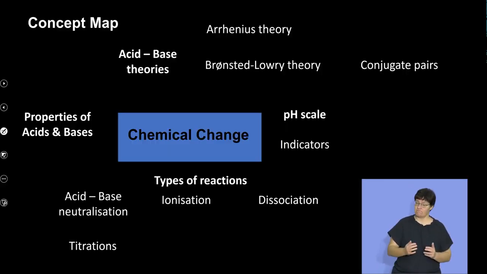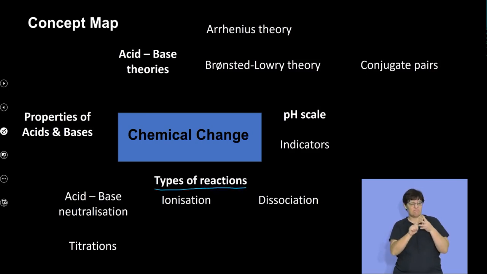Now, let's look at the overview of acids and bases as a component of the broader knowledge area of chemical change. Definitely we will look at the different types of reactions involved as far as acids and bases are concerned. But more importantly, we would also look at the theories that have to do with acids and bases, which is your Arrhenius Theory and your Bronsted-Lowry.